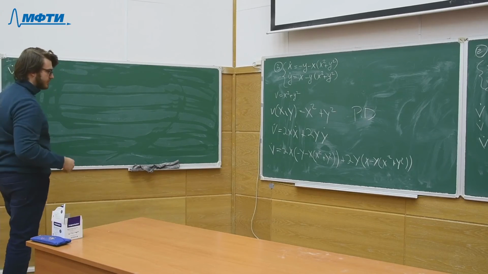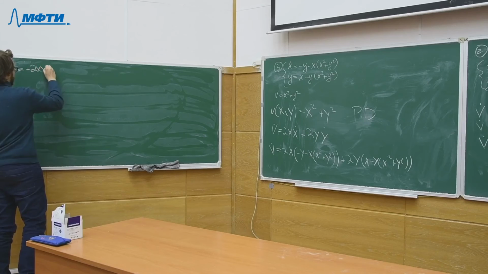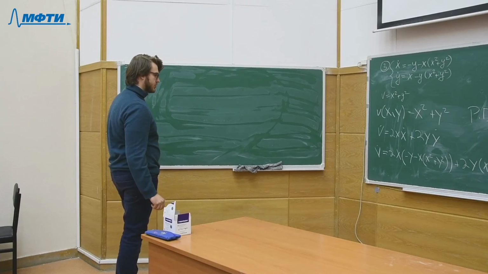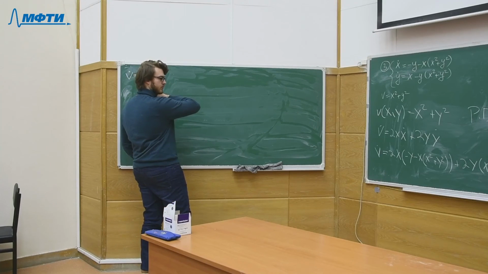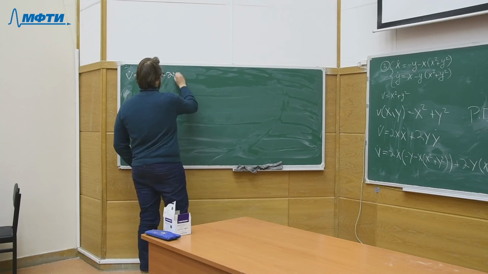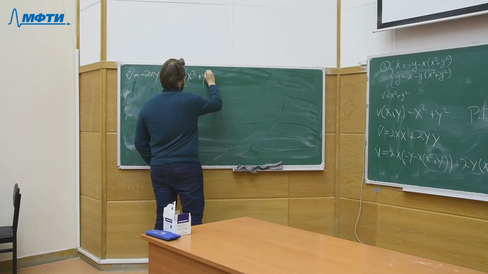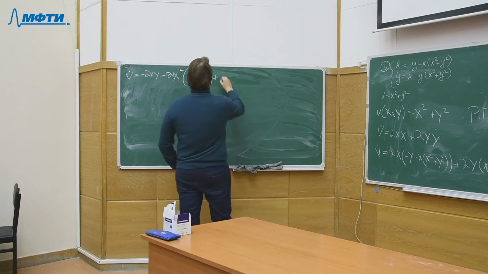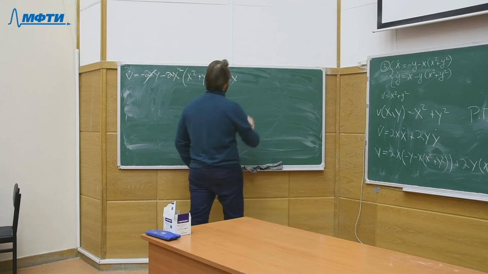Simplify it. It's going to be minus 2x squared times x squared plus y squared plus 2y, the same, multiplied.